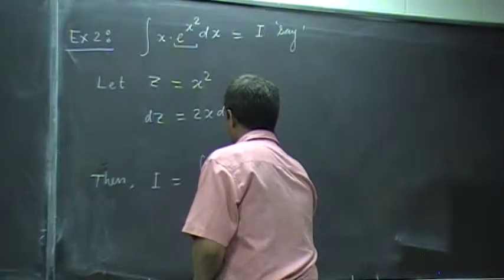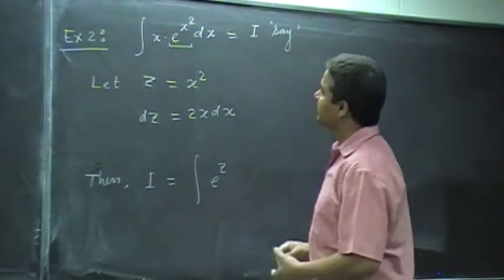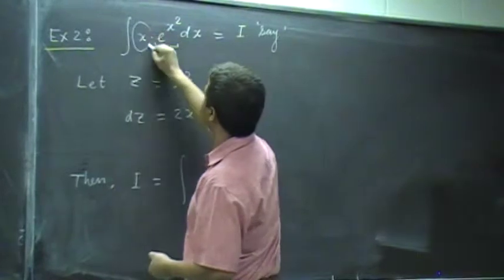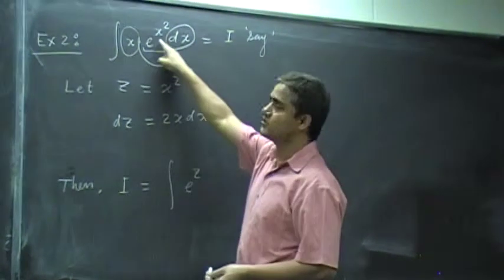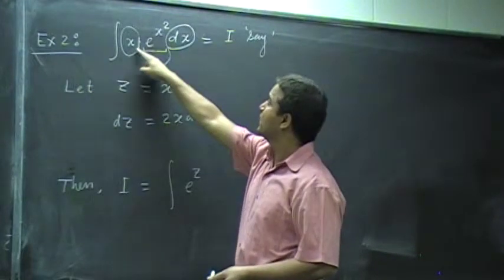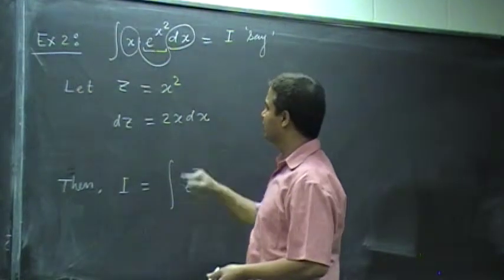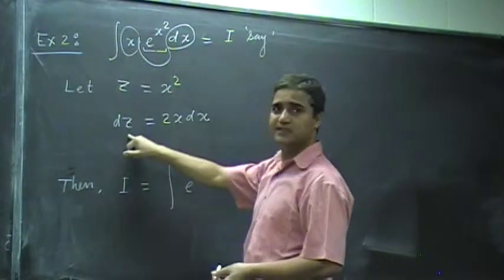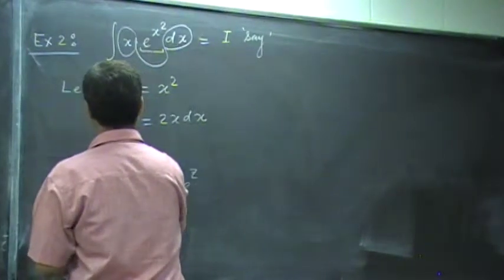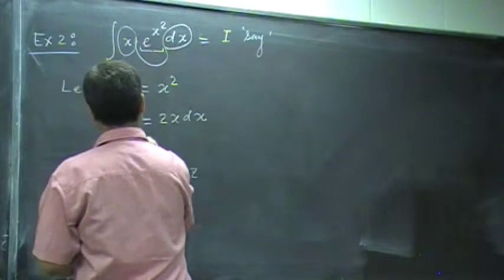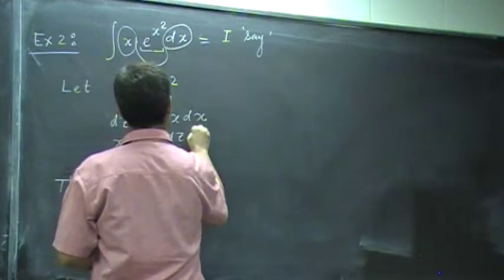What is the value of the rest? We have some more stuff here, see? We have x dx here. We know 2x dx is dz. So x dx is dz over 2, right? Yes. x dx equals dz over 2.